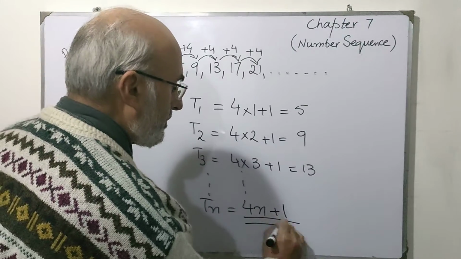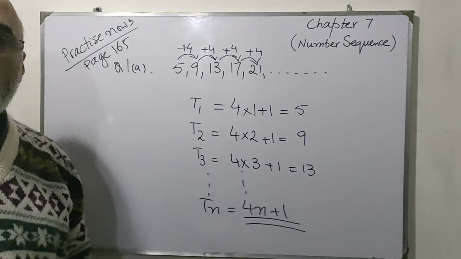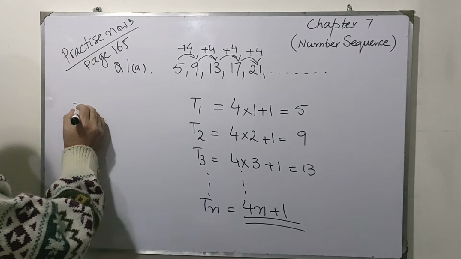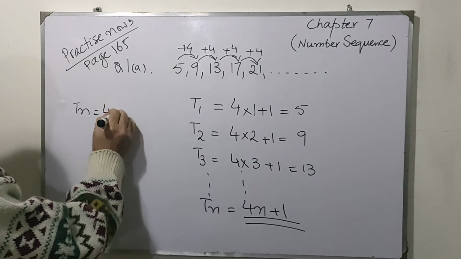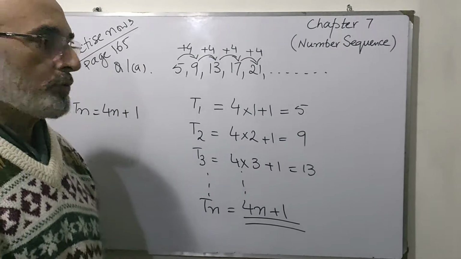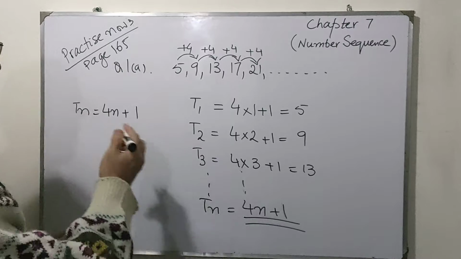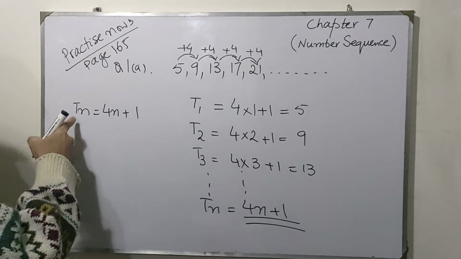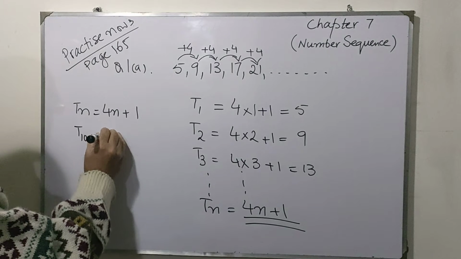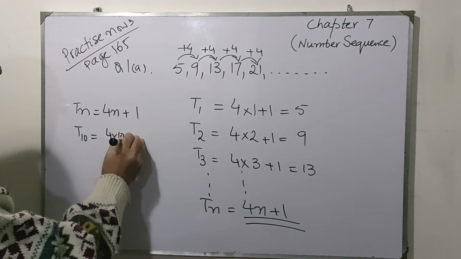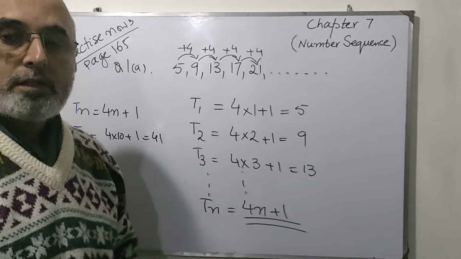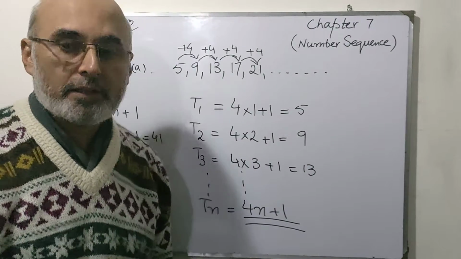So this is our generalized term or the nth term. We have Tn is equal to 4n plus 1. And supposedly, if we want to find the 10th term, what are we going to do? We are going to replace n with 10. So T10 is equal to 4 into 10 plus 1, which is 41. Okay? So let's do another question.